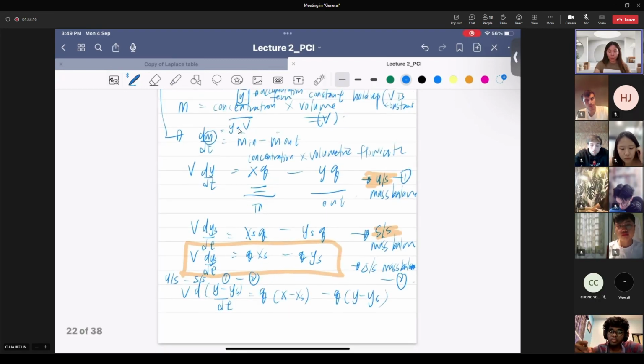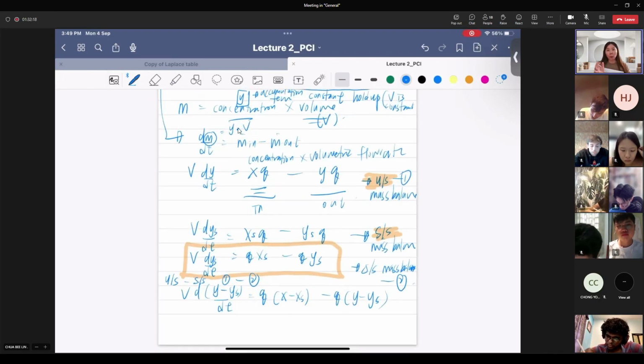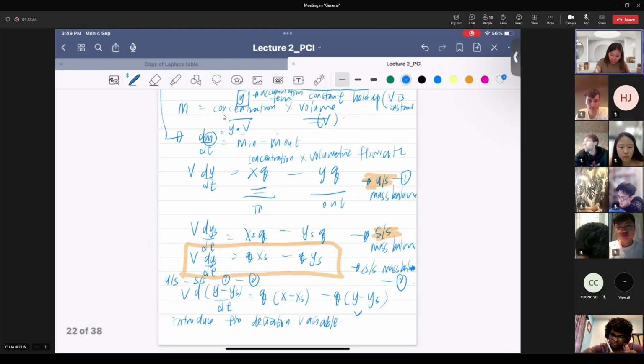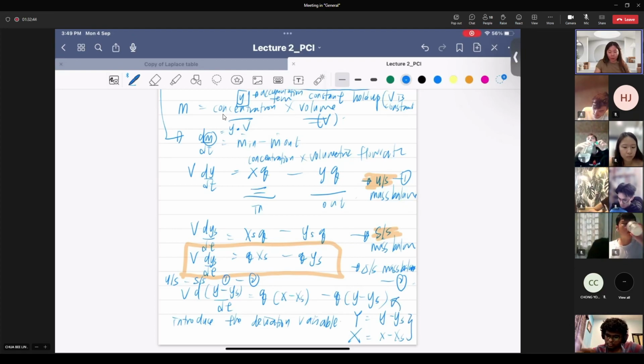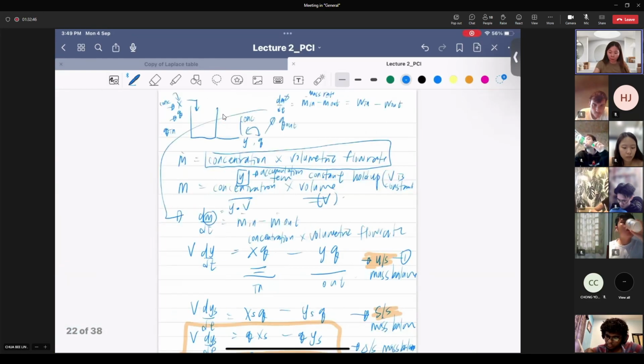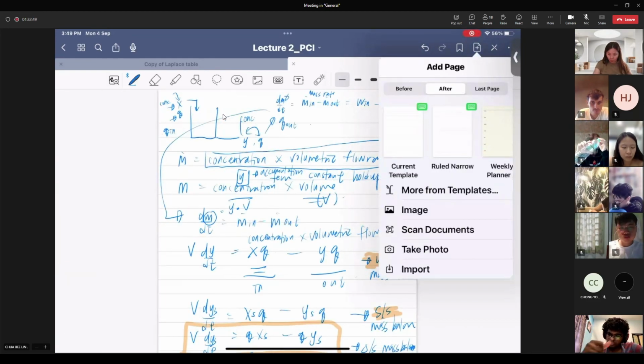Okay, so once you have derived the deviation equation, you have to continue to introduce the deviation variable. So it repeats exactly the same like the previous question. Let's say I'm using capital Y equals y minus ys, capital X equals x minus xs, and sub this into this equation to simplify the equation to become deviation variable.